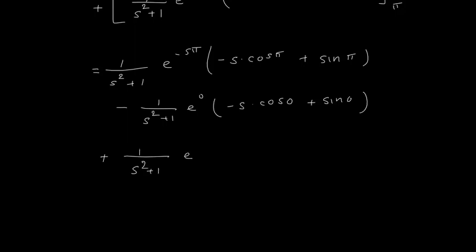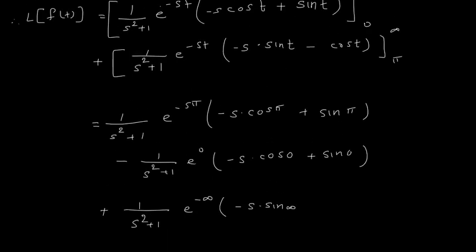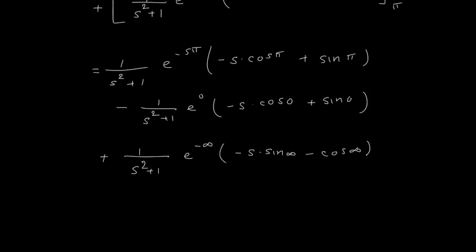Then here we have e raised to minus infinity, here we have minus s into sin t, so it will become sin infinity minus cos infinity, minus, we have 1 upon s square plus 1 e power minus s pi, here we have minus s into sin pi minus cos pi.